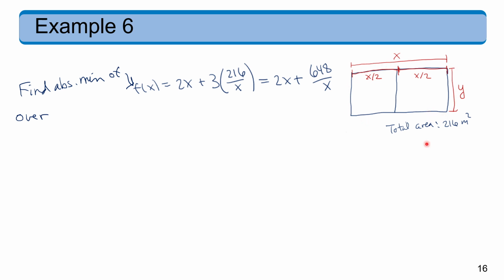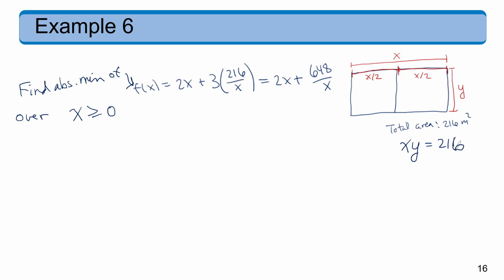So there's an obvious minimum, right? X has to be greater than or equal to 0. But what is the biggest x could be? Since it's the area that's restricted, we just know x times y has to equal 216. That's what the area restriction is written as.